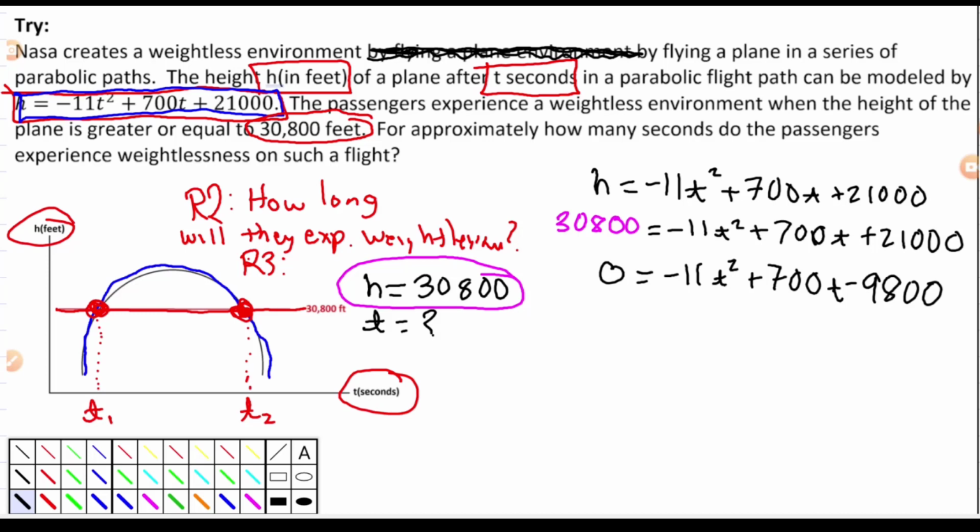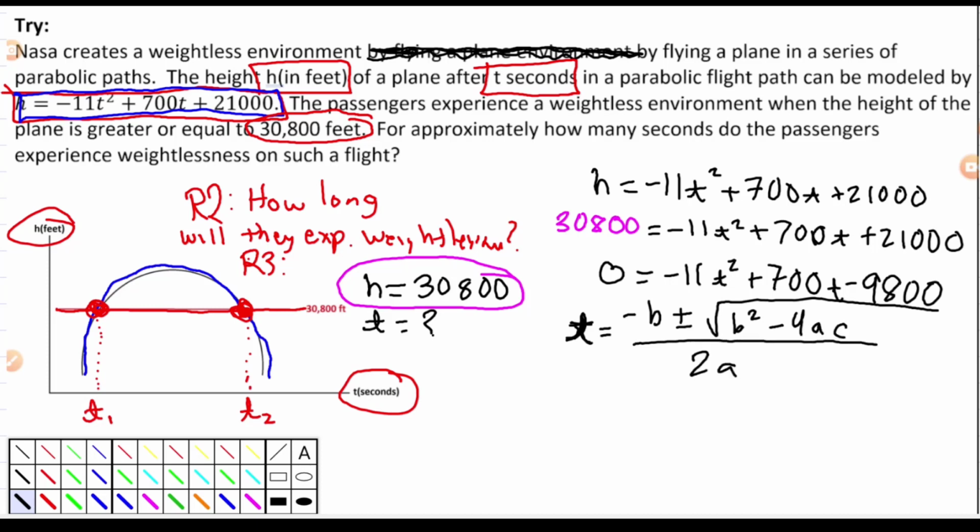So again, we're going to use our quadratic formula. We're going to go x is equal to negative b, or this one will be t because we're talking about time. We're not using x. So t is equal to negative b plus or minus the square root of b squared minus 4ac, all divided by 2a. Okay, now I'm going to substitute. Remember where a, b, and c are. This one is a, this one is b, and this one is c.